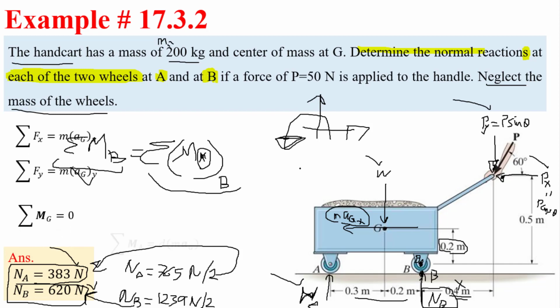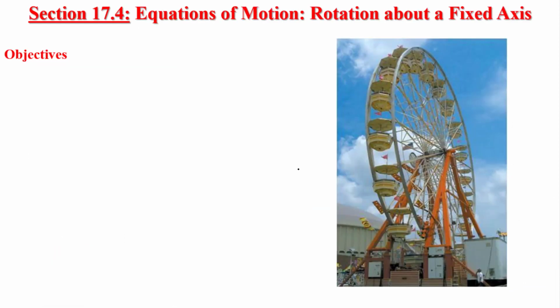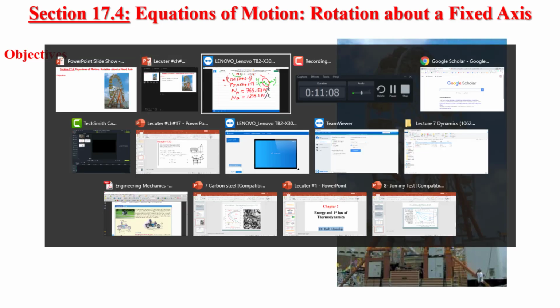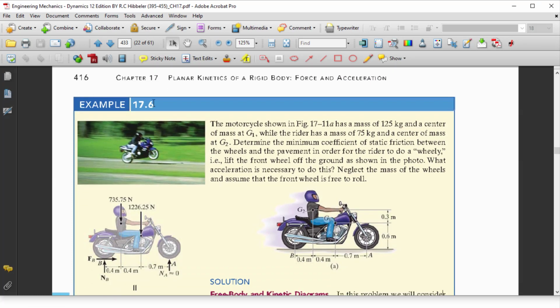So next lecture we'll move to the new section 17.4. Remember, once we finish a section, you must go back to the textbook and solve the solved example and the suggested example. I'm advising you to visit your textbook and solve the solved example.